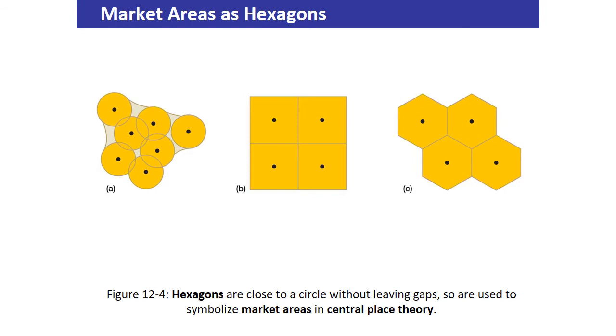Walter Christaller chose to show these central places and these market areas as hexagons when he drew these things on maps, right?